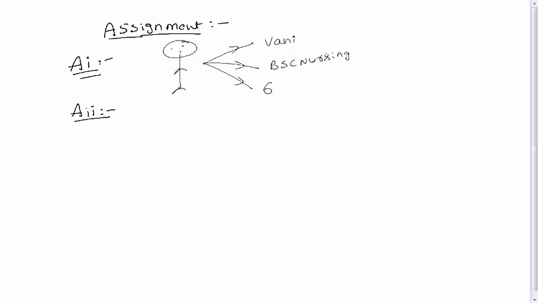Similar way I will give you the second assignment. You need to create a patient class. First one is nurse. Second one is patient. So you need to create a patient class with the given data.